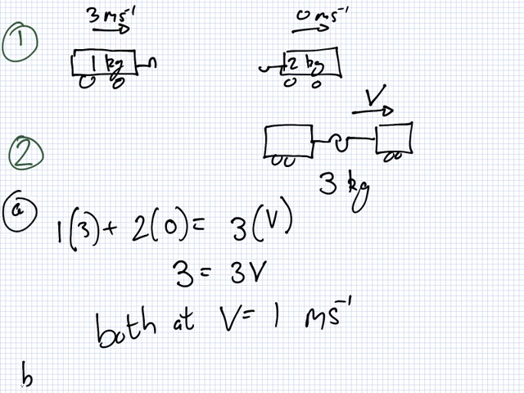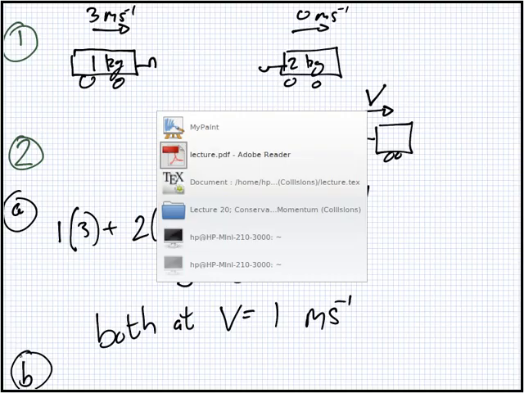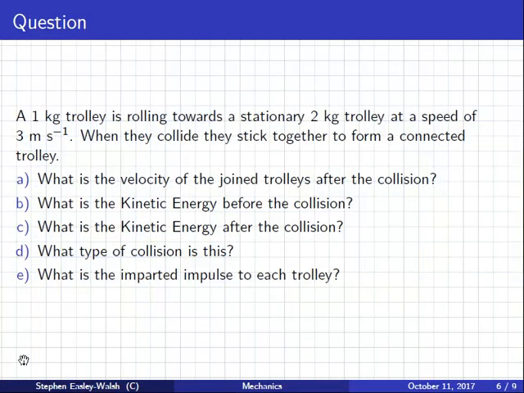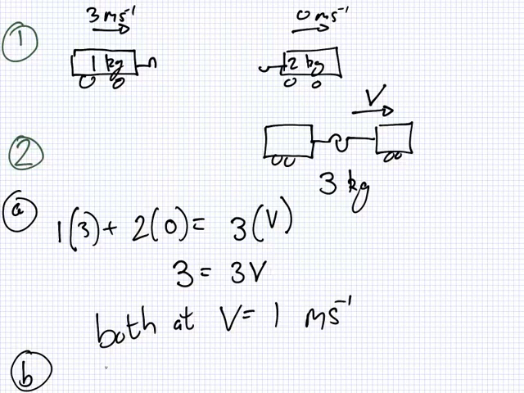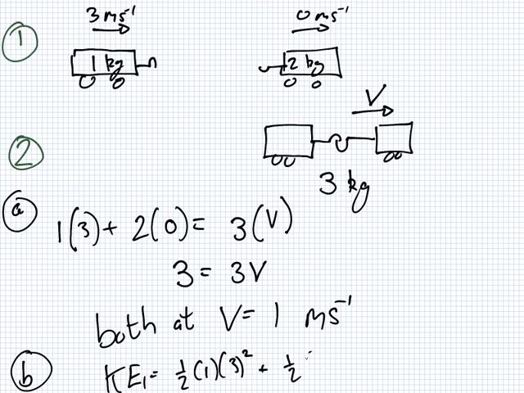Part B. What is the kinetic energy before the collision? KE1 would be a half mv squared plus a half mv squared, which is 4.5 joules. What do you think my next question is going to be?